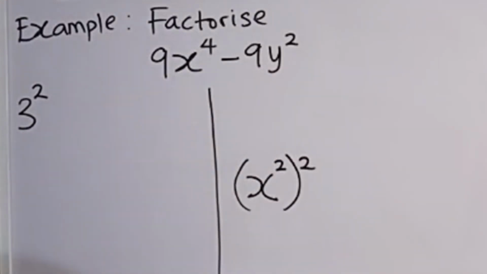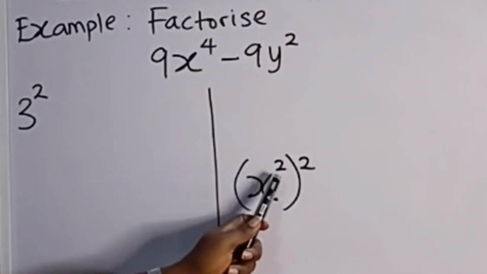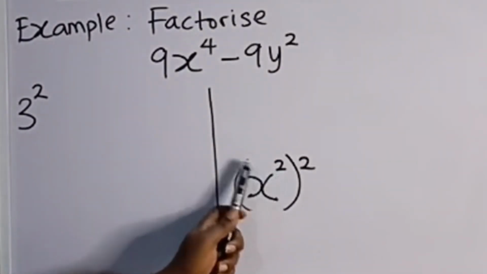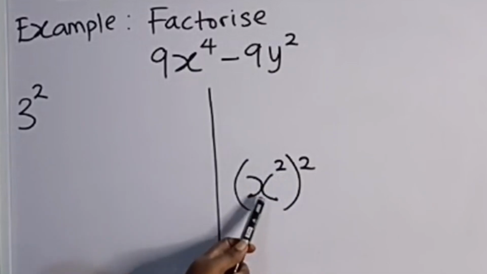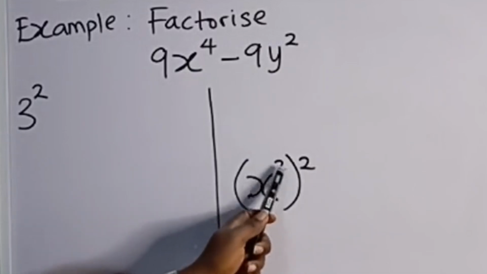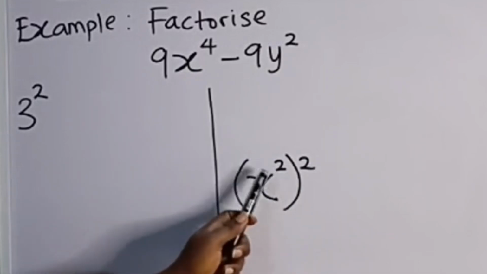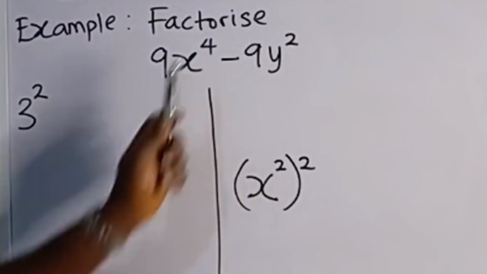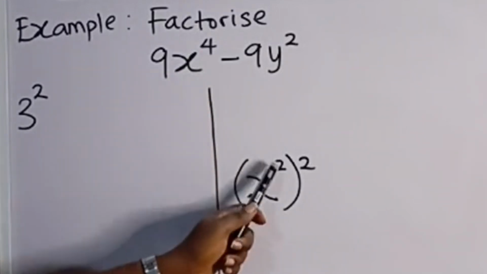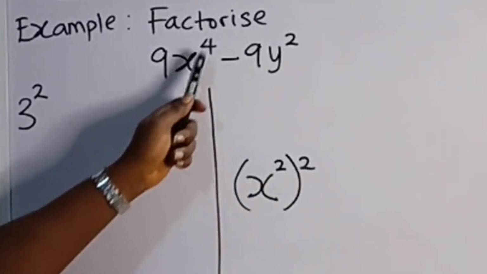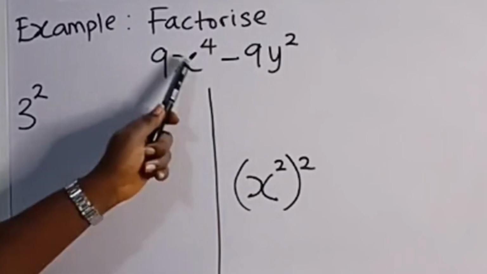squared. Because in indices, when you have a parenthesis between values, you can multiply the exponents. So this is the same thing as x to the fourth power. X squared all squared is the same thing as x to the fourth power. So we can replace this with this.